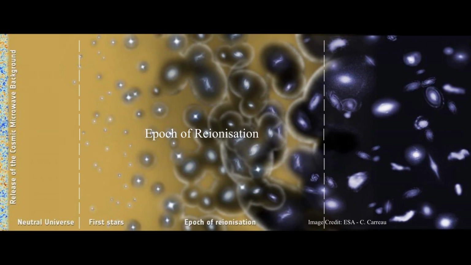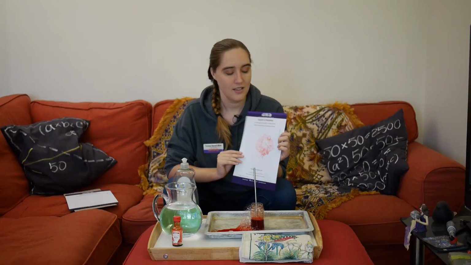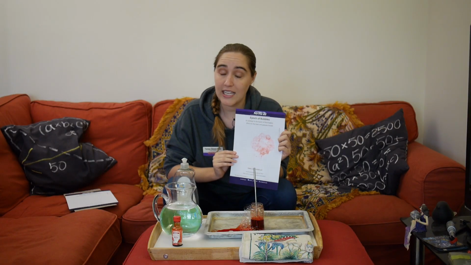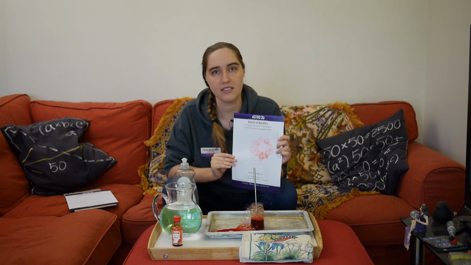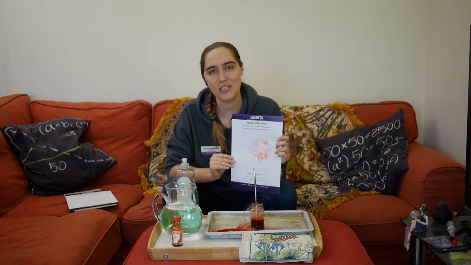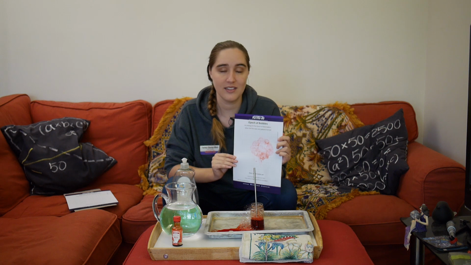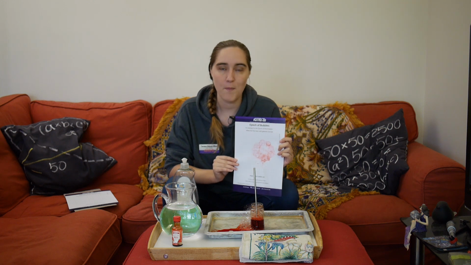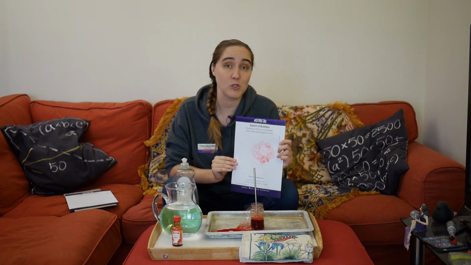When the neutral hydrogen signal gets weaker, it's because the stars have turned some of it into ionized hydrogen, making it invisible. They can't see the bubbles directly and they can't see the stars directly, but they can count how much hydrogen there is. And if that hydrogen amount that they can see reduces, then they know that there must be some stars, making the hydrogen invisible to them or transparent.